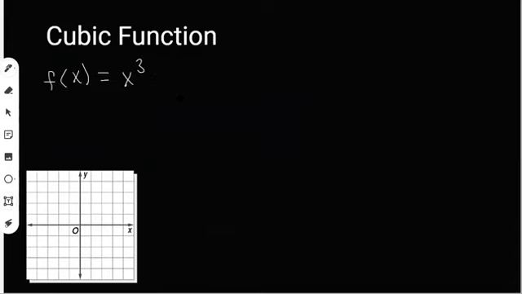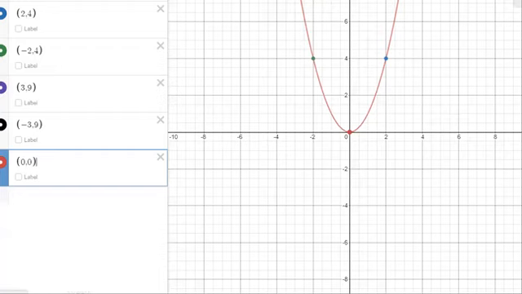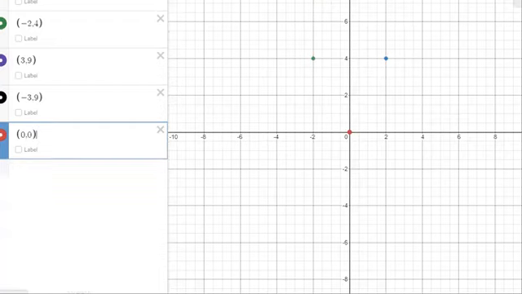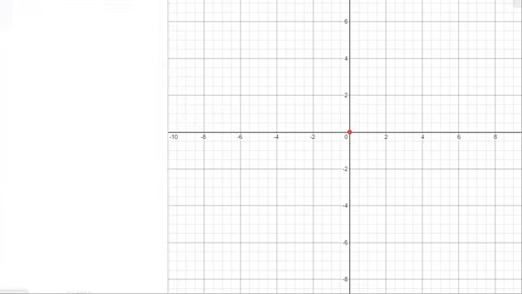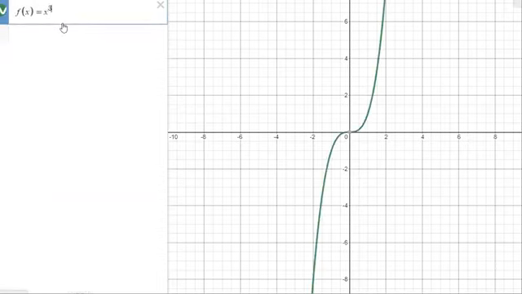So how does this look? Well, if I was to go back to Desmos, and let me get rid of all this stuff. Let's say I was to graph f of x equals x cubed. I would get this graph right here.